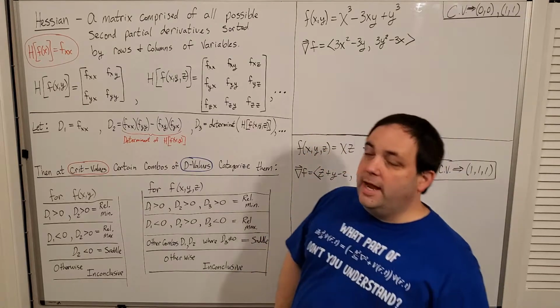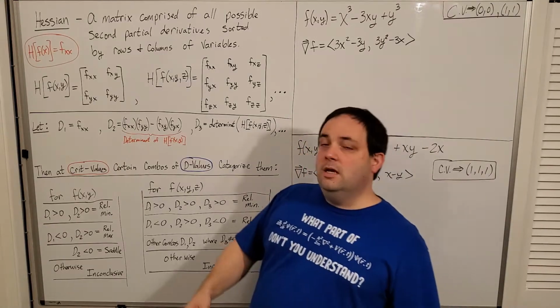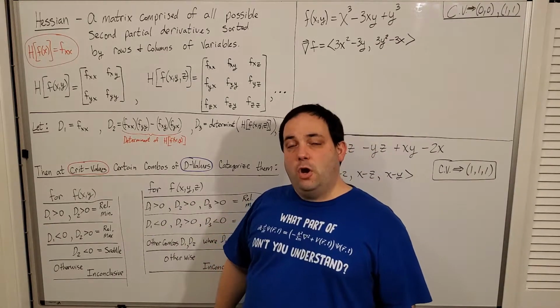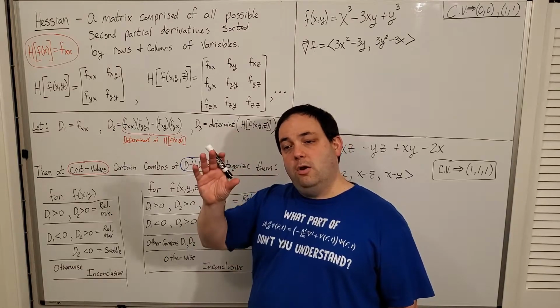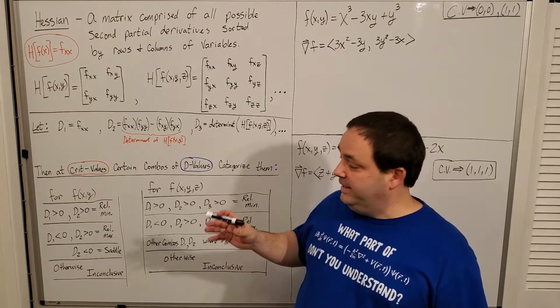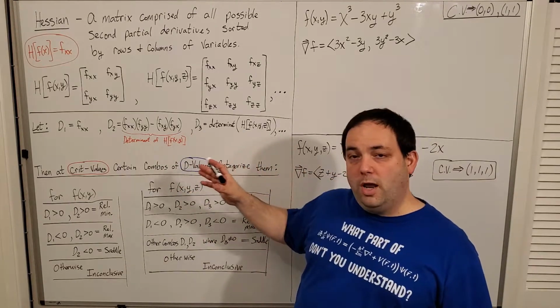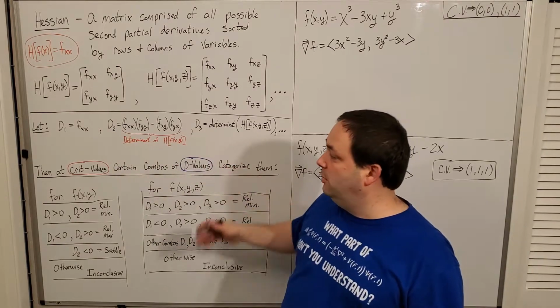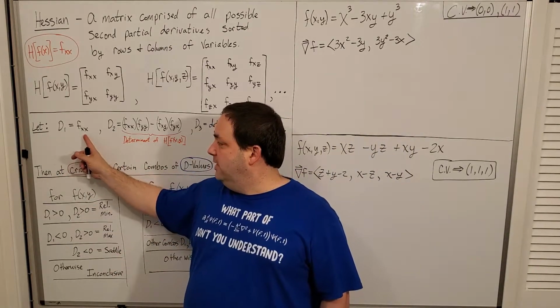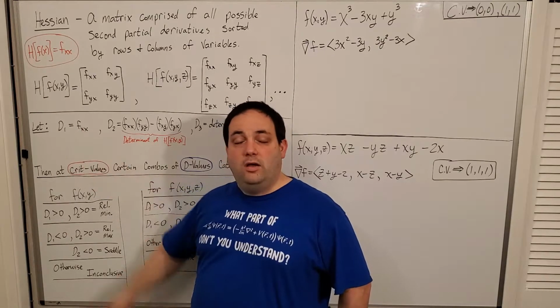Now, once you've created your Hessian matrix, we organize the data of the determinants of the square pieces inside of the matrix. And depending on the size you have is how far you have to go with what I call these D values, okay? D1 is always going to be the double derivative of x with respect to x of the function f.